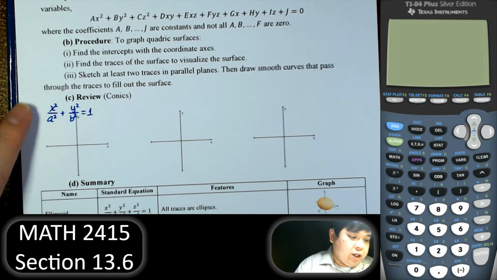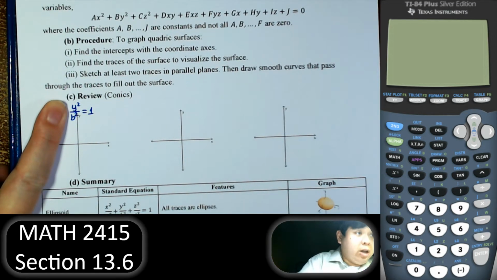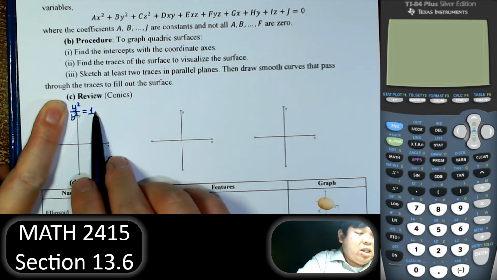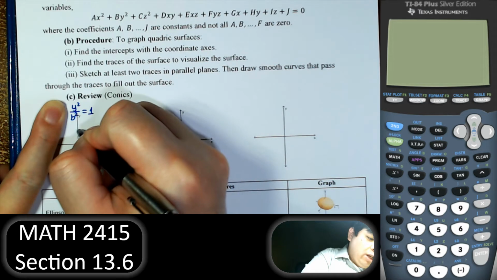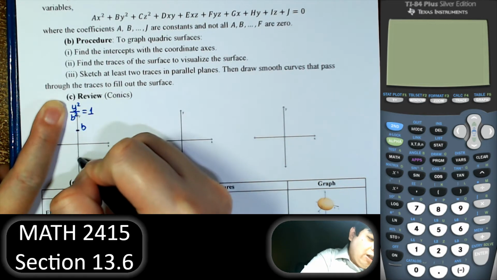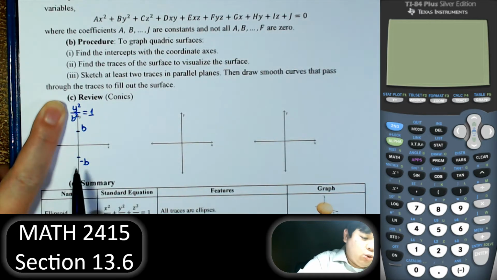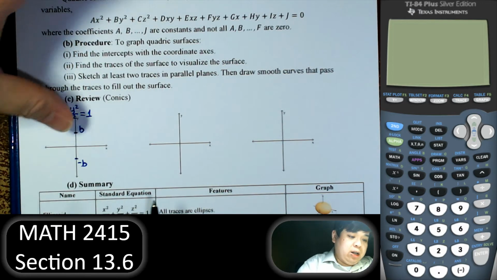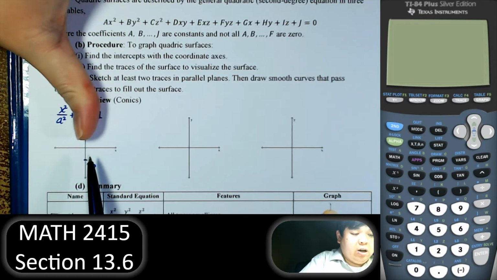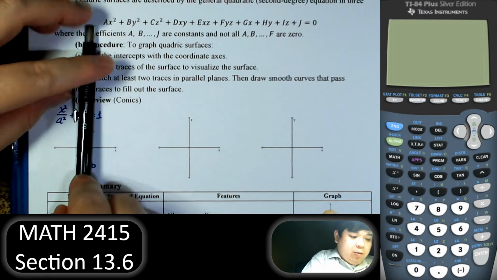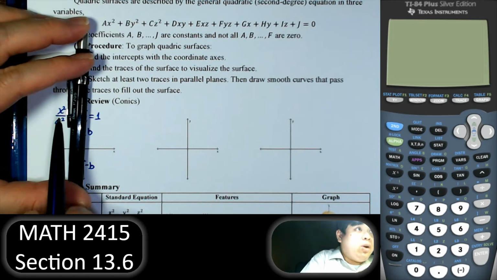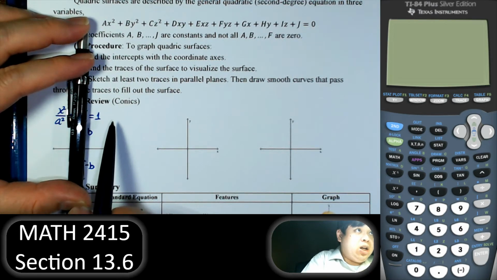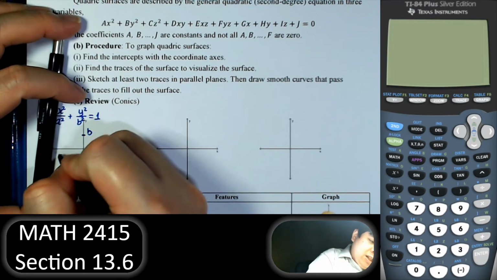If we let x equal to 0, then y squared equals b squared, meaning that y equals b and negative b is the y-intercept, right? If x equals 0, then y is b or negative b. Now if y equals 0, then we have x squared equal to a squared, so x equals plus or minus a.